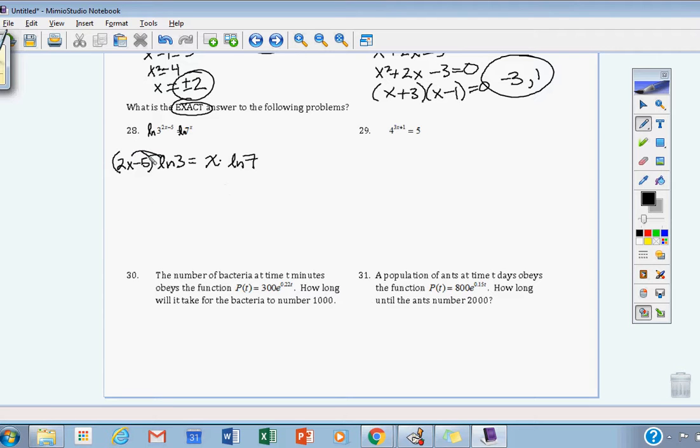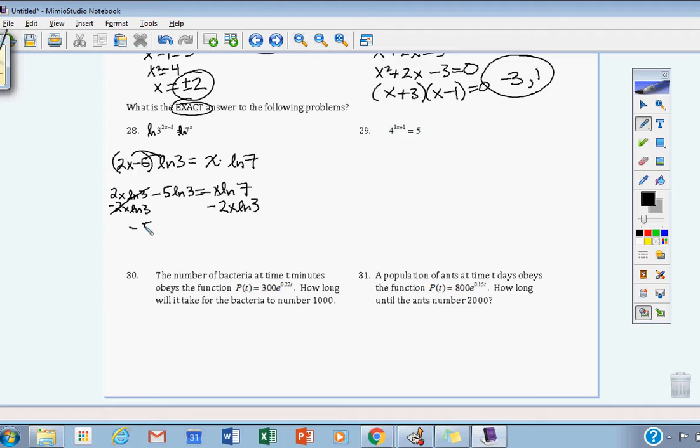So now I'm going to distribute through. So I have 2x natural log of 3 minus 5 natural log of 3 equals x times the natural log of 7. Okay, well I got an x here and I got an x over here, so I want them on the same side. So I could do this two different ways, but I'm just going to subtract 2x natural log of 3 here because that will get rid of it, and I will subtract 2x natural log of 3 right there.